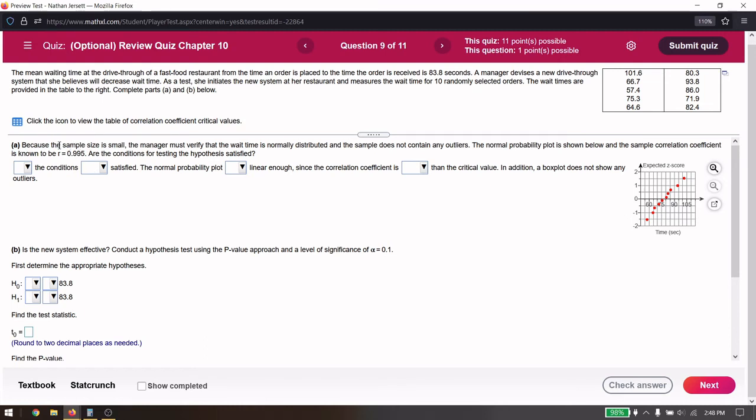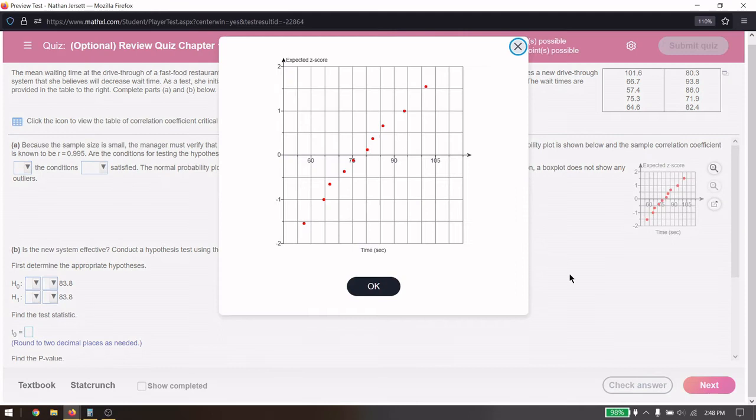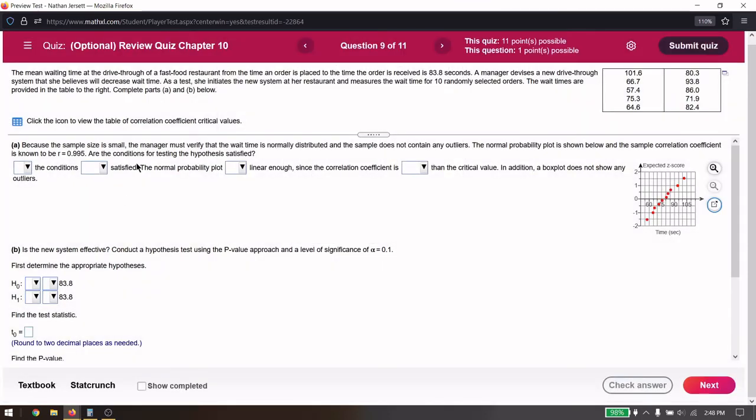It's a very high R value, right? R is between -1 and 1. Anyways, if it's very close to 1, that means it is very linearly correlated, and that's what we can see here. This is pretty much a straight line. So yeah, that makes sense why it's so high.